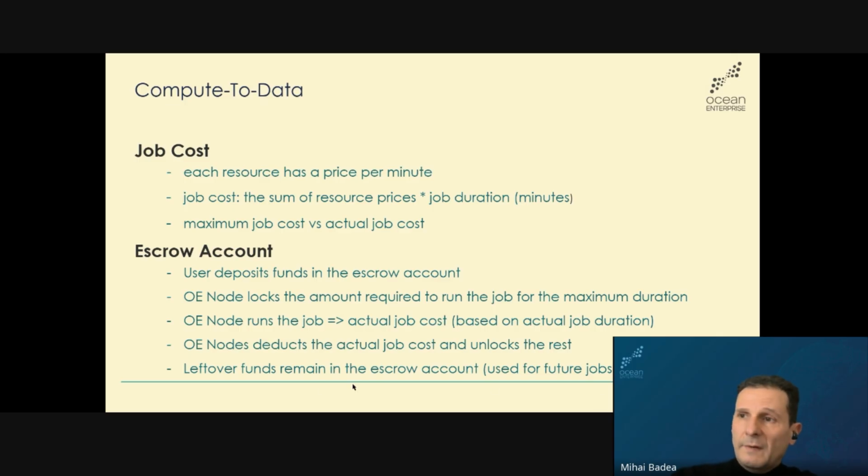So the leftover funds remain in the escrow account, and they can be used by the user either to run other jobs, or they can be withdrawn by the user. And we'll see exactly how this is done in Ocean Marketplace.